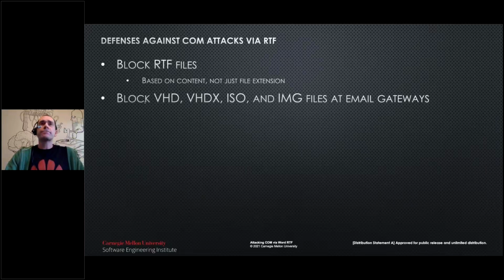The other thing you could do, and I personally don't see a legitimate workflow for this, but right now probably most people have the ability to receive over email a VHD, VHDX, ISO, or an IMG file. If you're operating an email gateway, I would say probably turn those off.